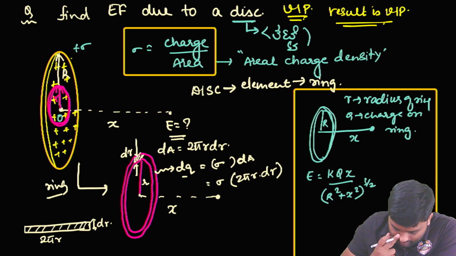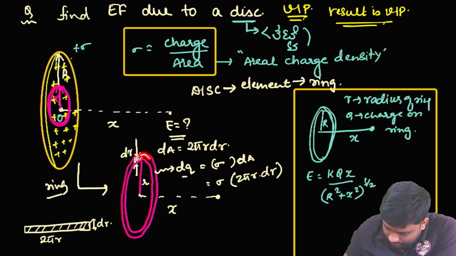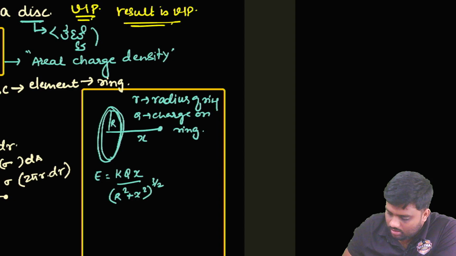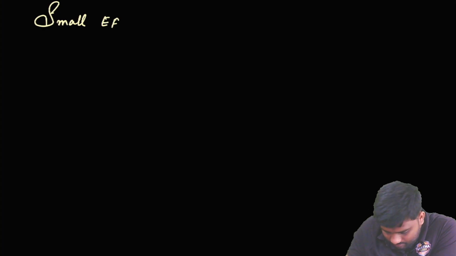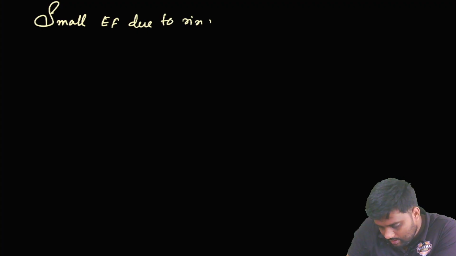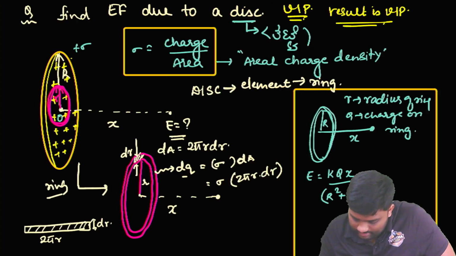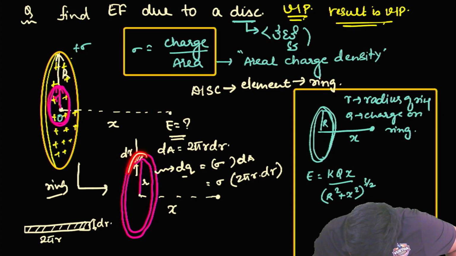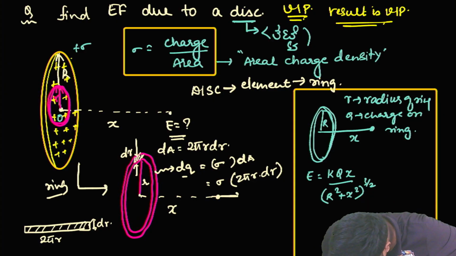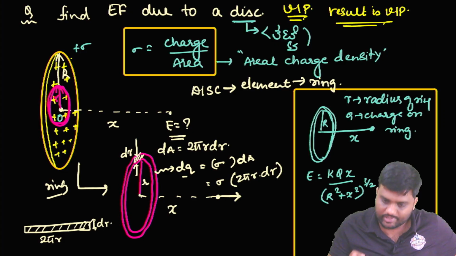So it becomes one of the rings. Now the small electric field due to the ring, that is dE. Because of this small ring, at this point the electric field is going to be away, because you are going to get positive charge.